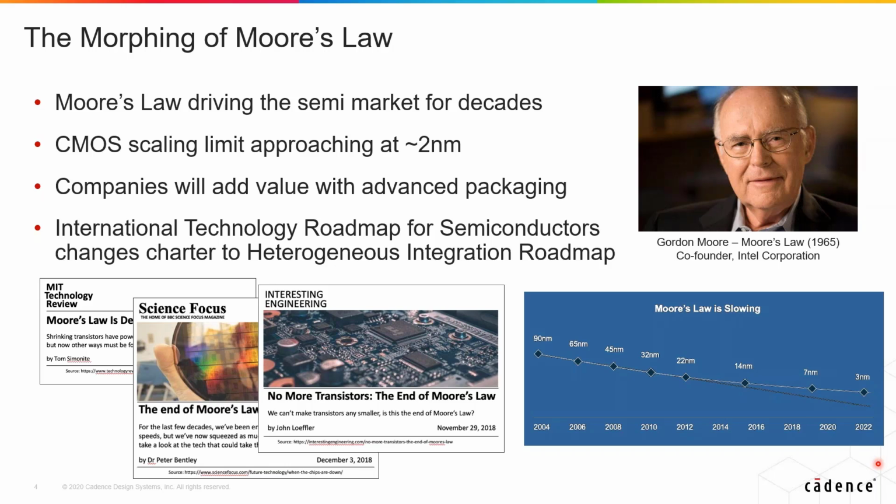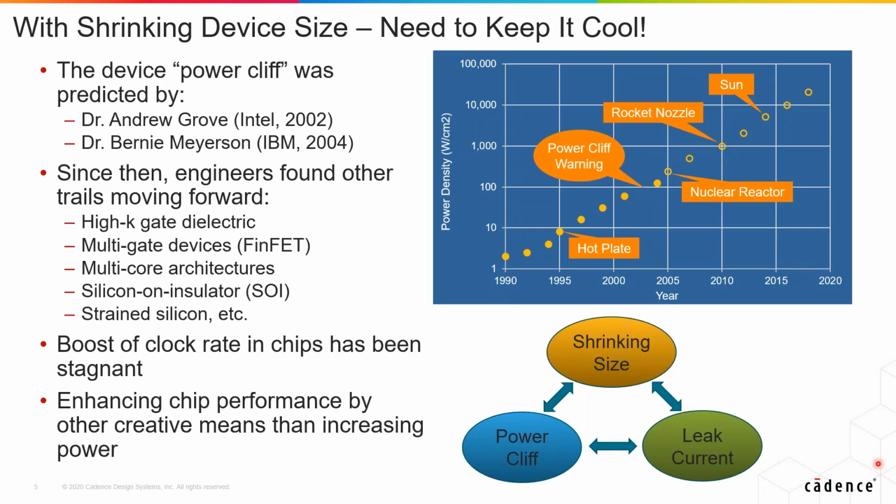Next, let's look at how the thermal issues came along with Moore's law development. I still remember, around the millennium, I was listening to a presentation by the famous Andy Grove, and he predicted a power cliff as Moore's law went along. It's because of the critical dimensions shrinking and also leakage current coming into the device, then excessive heat generation within the device could end up with a power density on the chips up to that of a rocket nozzle or even our sun.